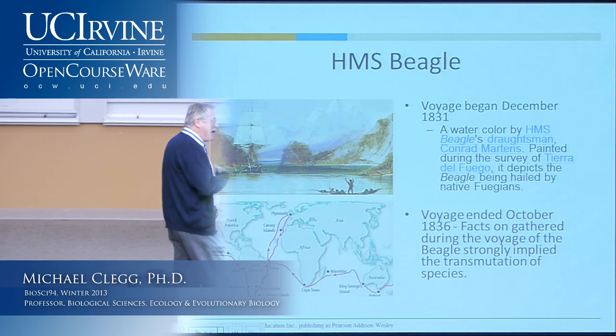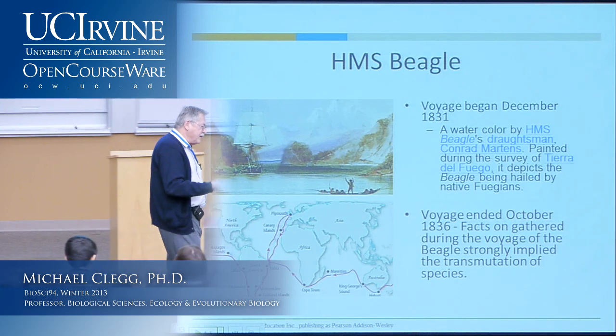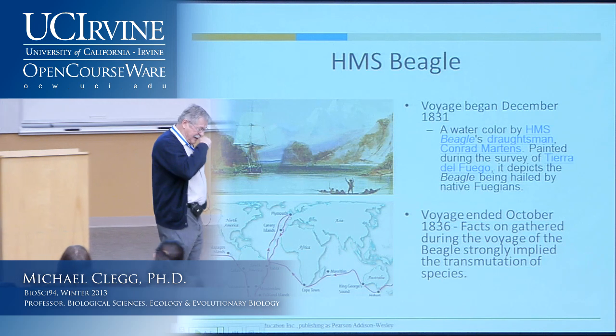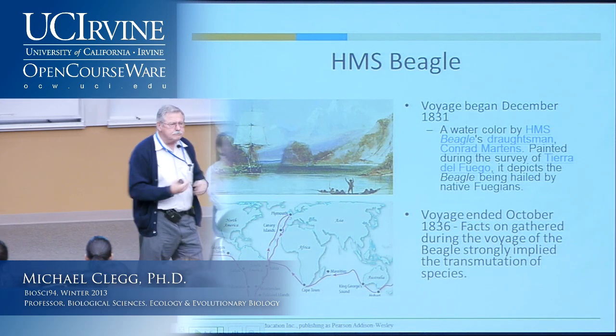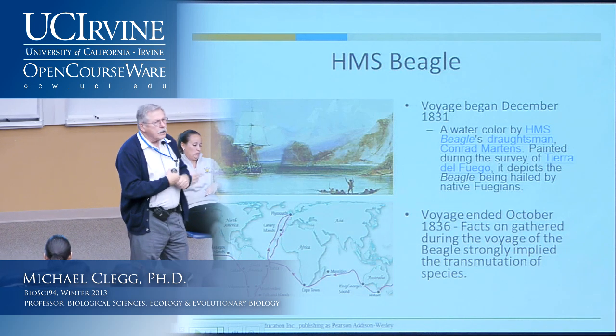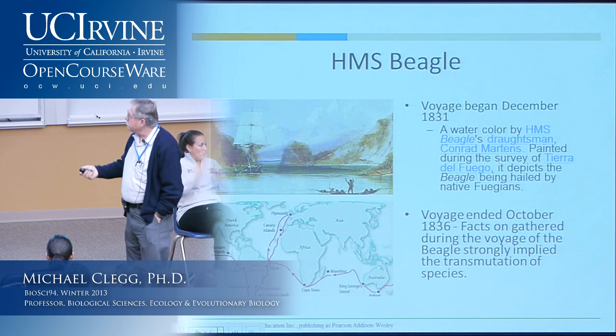And so after a couple of years in Edinburgh, he left, then went to Cambridge and studied biology, at that time natural history. And he worked with several of the prominent figures in natural history at the time.